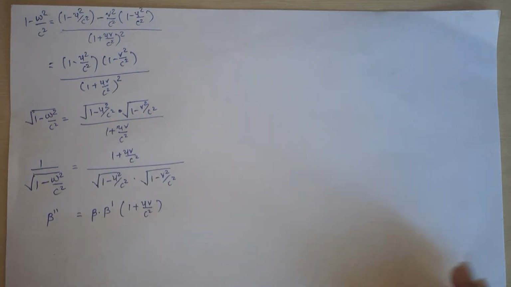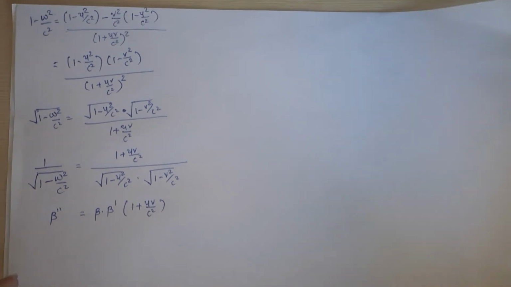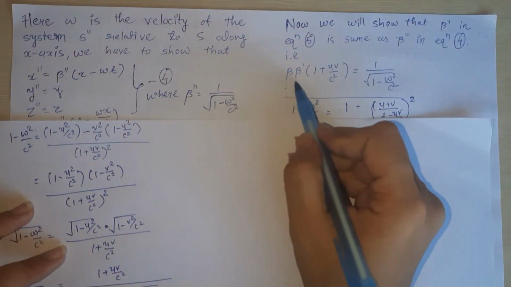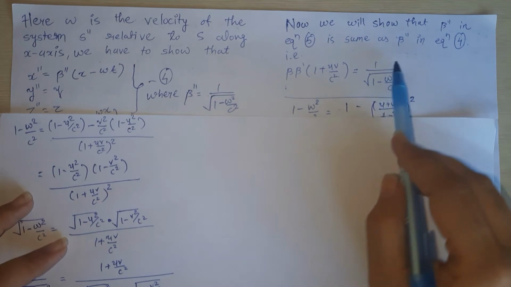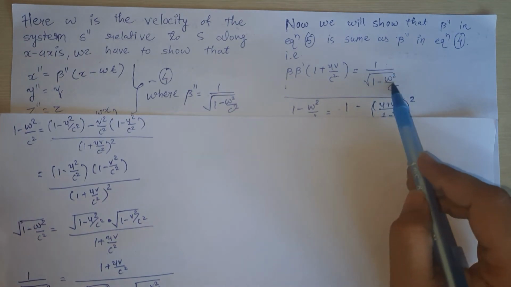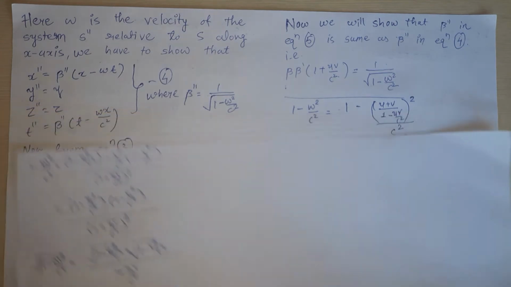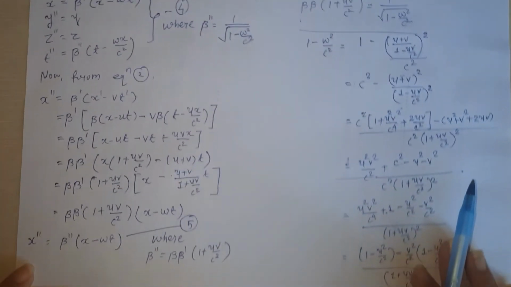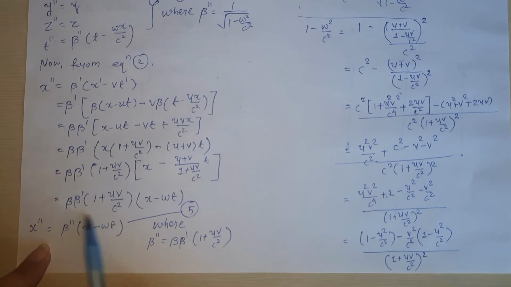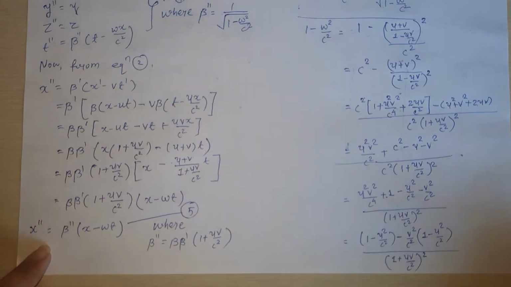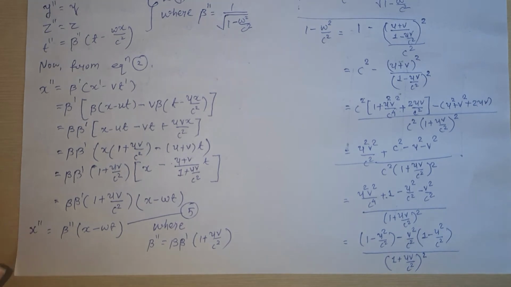So we have proved our claim, which is beta into beta dash into 1 plus uv upon c square is equal to 1 upon under root 1 minus w square upon c square. So here we write that this is equal to beta double dash. Now let us define these three coordinates.